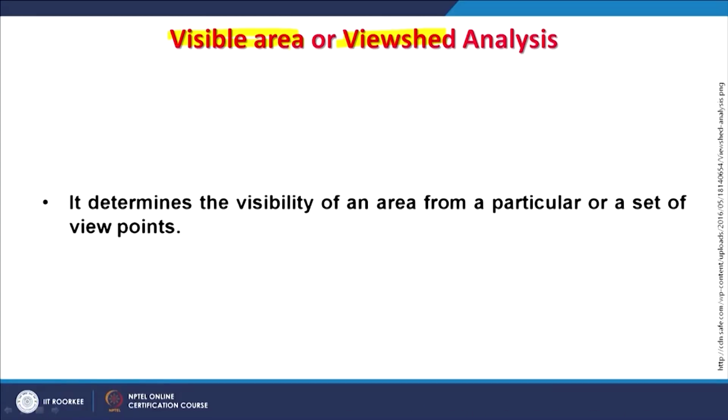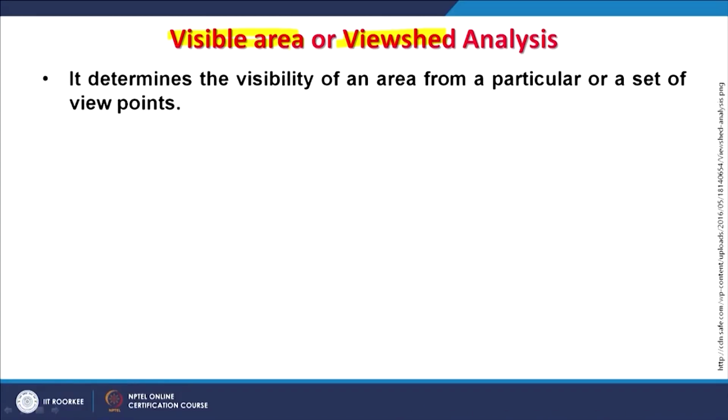Now, one more analysis which we can do, which is not directly linked with buffers but is linked with the terrain. In some literature you may find it called view-shed analysis, as we used to say earlier. Now it is called visible area for a rugged or hilly terrain.